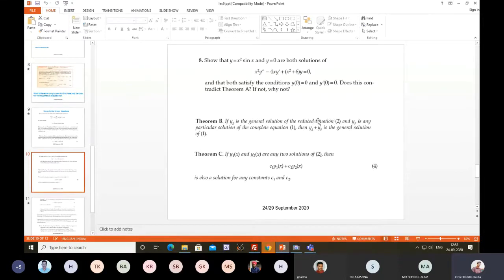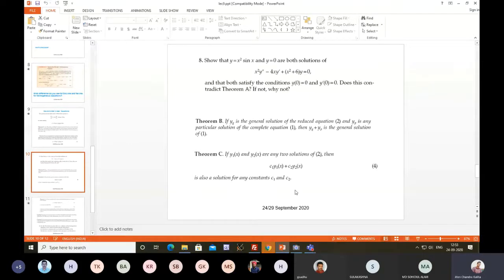This I have already described, and this also you already know. If you have for the homogeneous part two solutions, then any linear combination of those two solutions is again going to satisfy the differential equation.